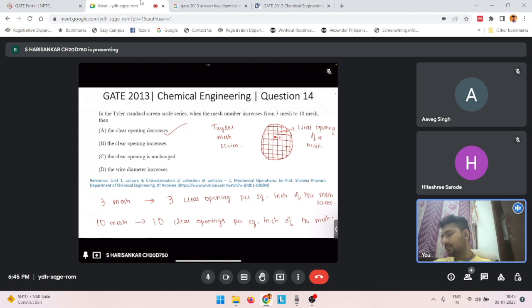But here, I think they have meant the area of the opening. So because of that, the clear opening here decreases when the mesh size moves from 3 to 10. But yeah, the other way is also right if they had mentioned the number of openings. So that is a good observation.